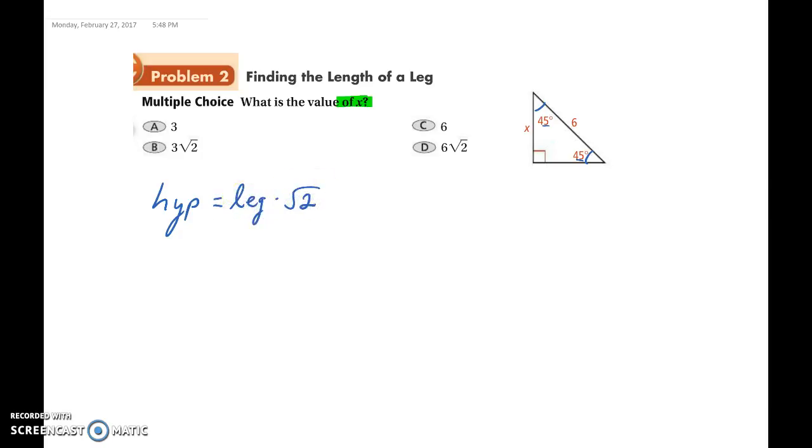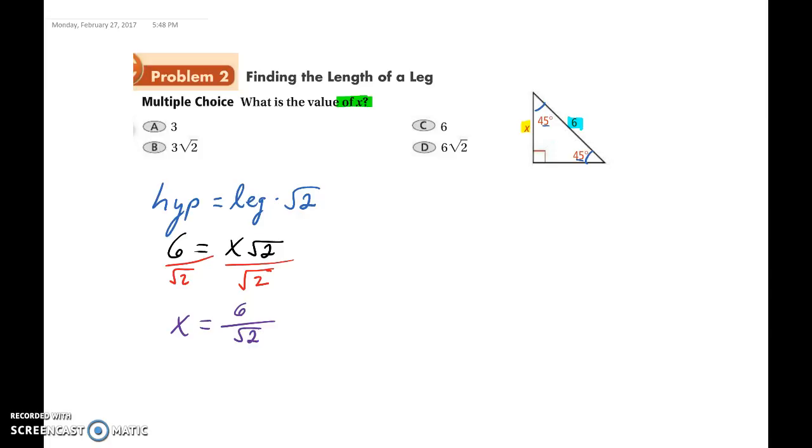That's the formula that we will use. Well, our leg is equal to x, and our hypotenuse is equal to 6. So we'll substitute that in. 6 is equal to x times the square root of 2. So if we want to solve for x now, we have to divide by the square root of 2. So x is then equal to 6 over the square root of 2.